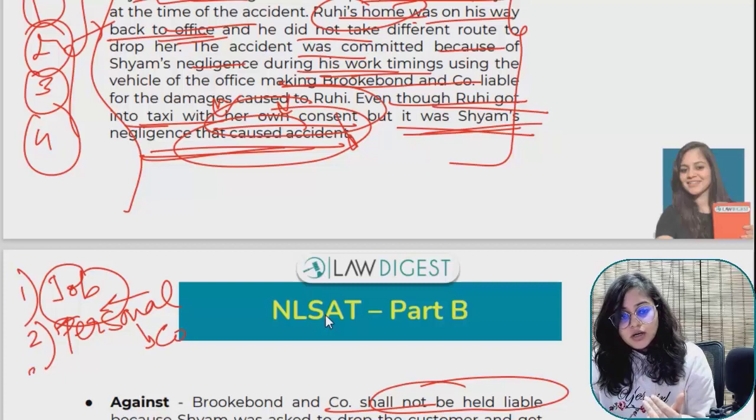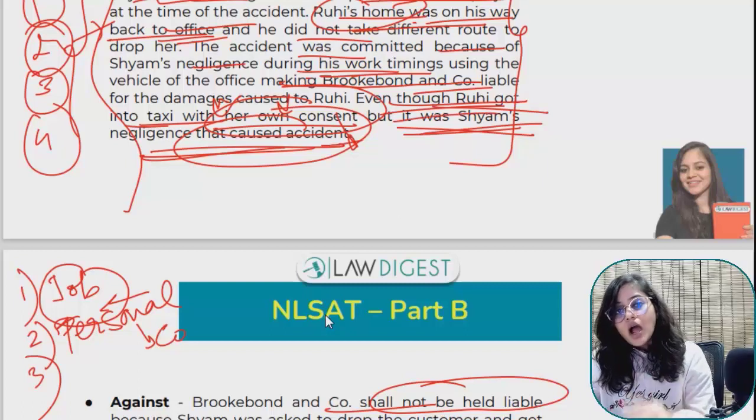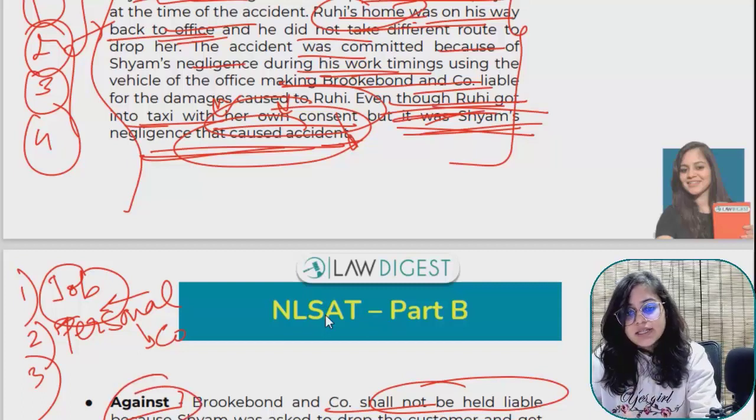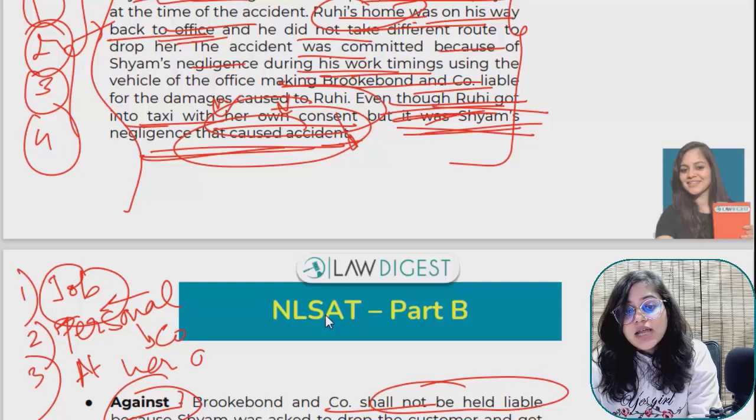Now, the other fact that we checked here is that she gave her own consent. How are we going to use it against her? Earlier we used it for Ruhi. Now we are going to use it against Ruhi, and we will say that Ruhi was aware that she was getting into the taxi at her own risk. She got into the taxi at her own risk.